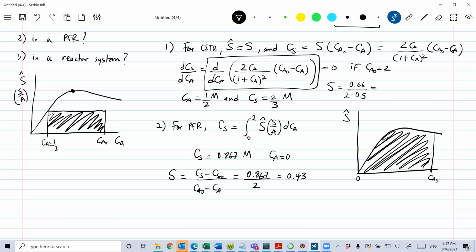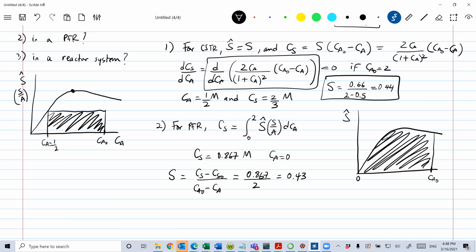That shouldn't be 0.44. Maybe it's just so close that the numbers don't work out because they're so close to one another. Maybe I made a mistake in calculating. Yeah, it turns out that these are very close to one another. So I'll have to get back to you on why that is.